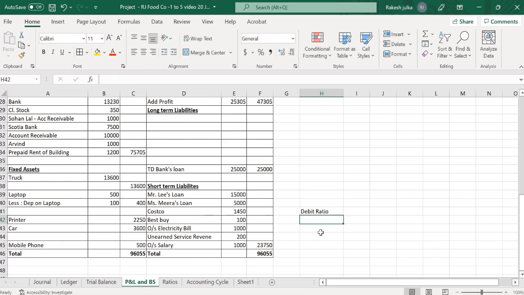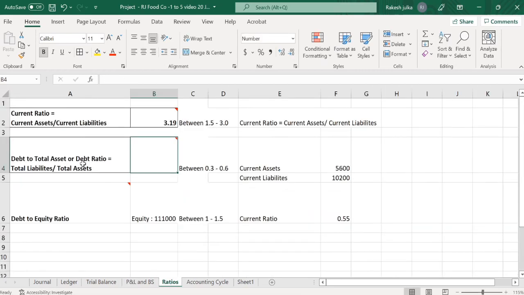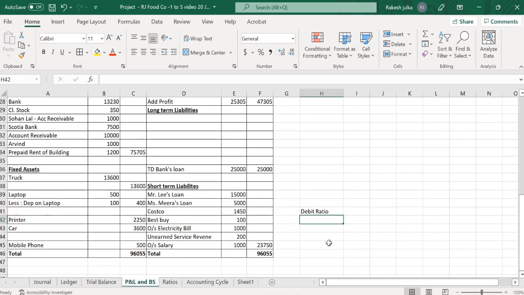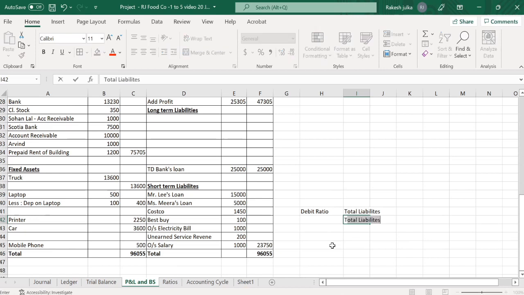So for the debt ratio, the formula is total liability divided by total assets. I'm going to write here total liabilities divided by total assets.